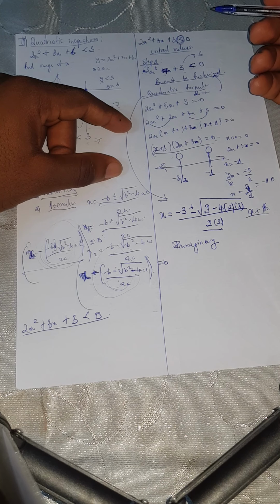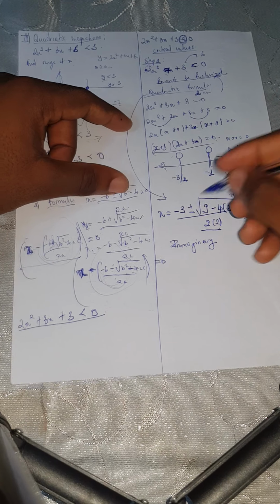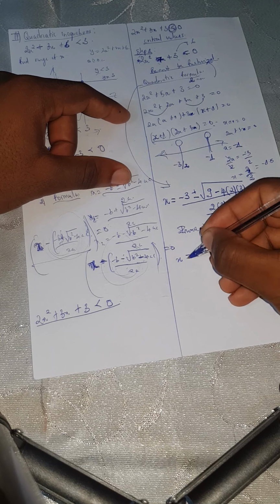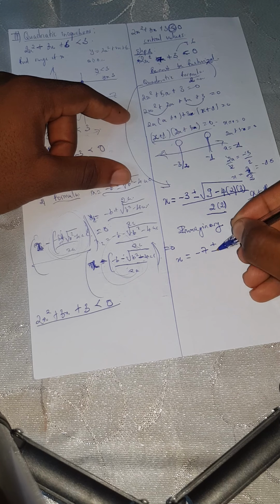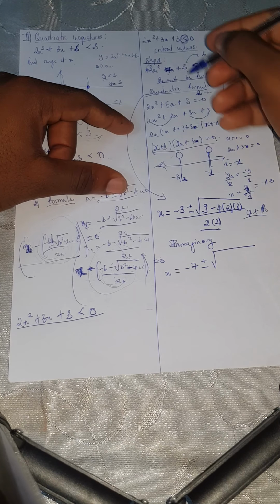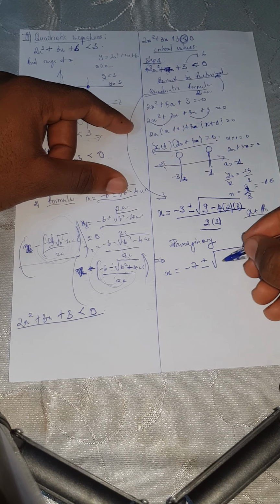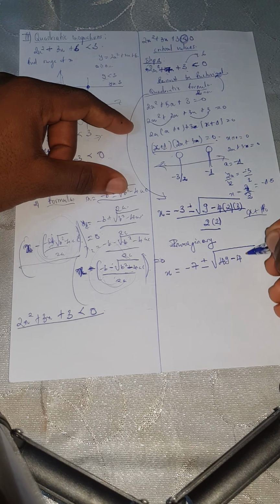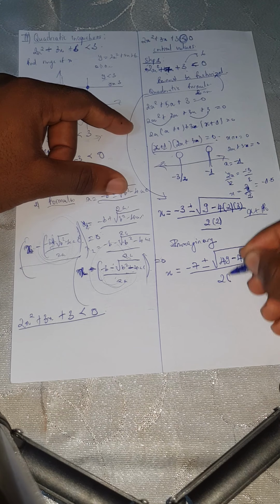So we're going to have x equals negative 7 plus or minus the square root of b, which is 7. 7 squared is 49, minus 4 into 2 into 3, all over 2 into 2.